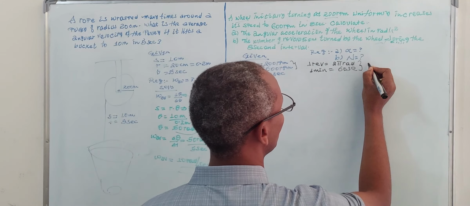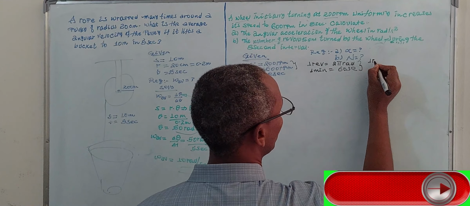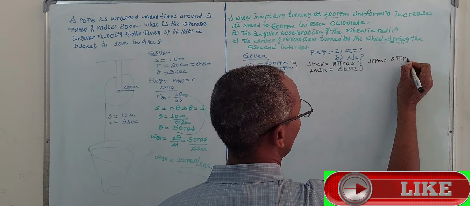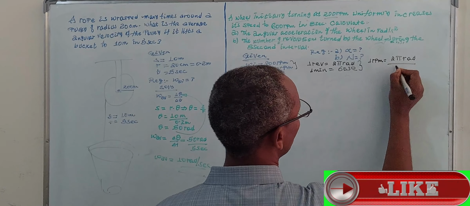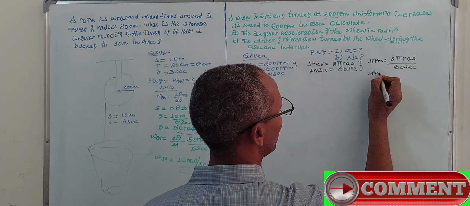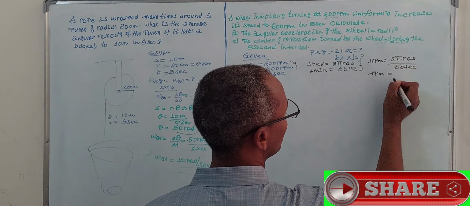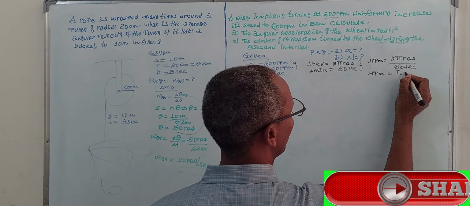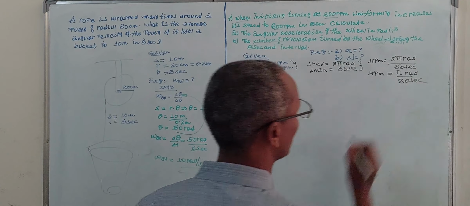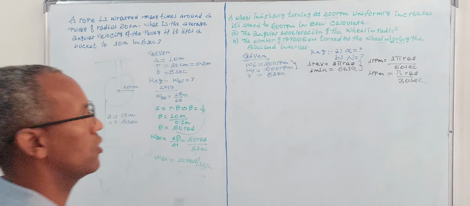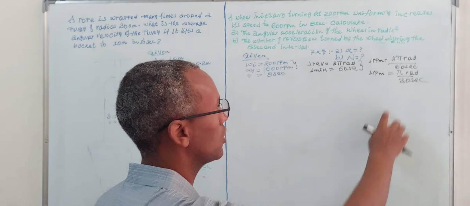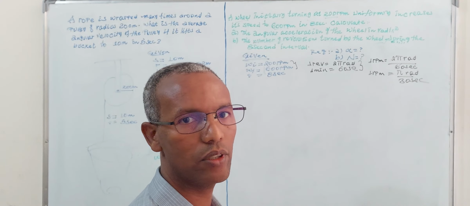So 1 revolution per minute is equal to 2 pi rad upon 60 seconds, which is pi rad upon 30 seconds. Then you can just plug this in over here, because one revolution per minute is equal to pi rad upon 30 seconds.